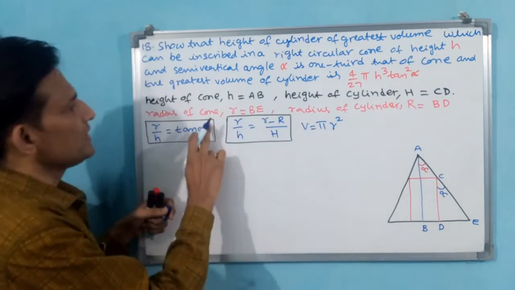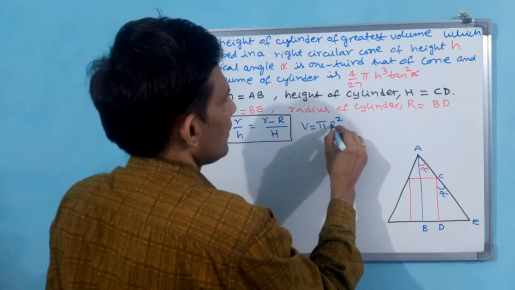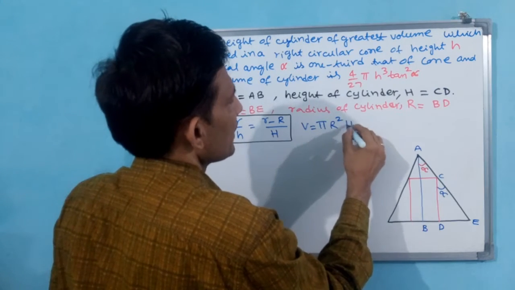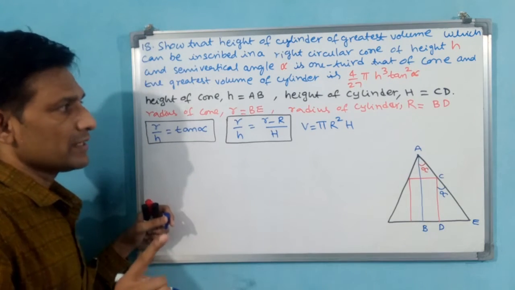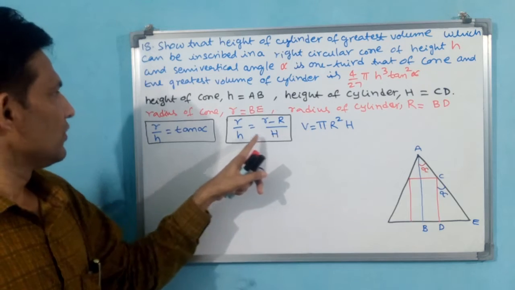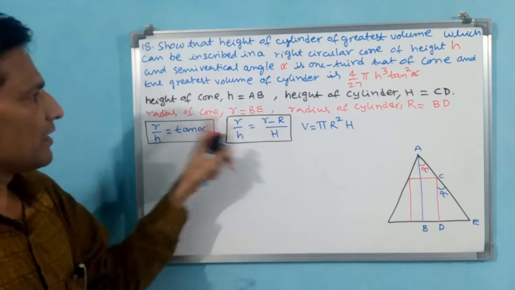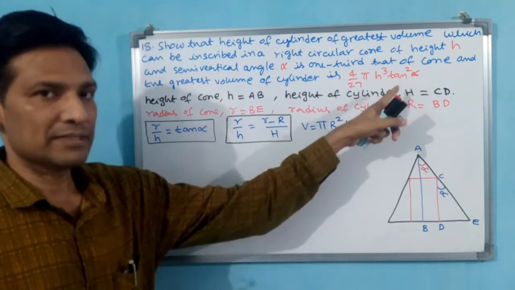For the cylinder we are writing V is equal to pi capital R square capital H. That's all. Okay. But you see here, capital R square is okay, but capital H we will convert in the form of tan alpha something. Why? Because finally, inside the volume, tan cube alpha something is there.